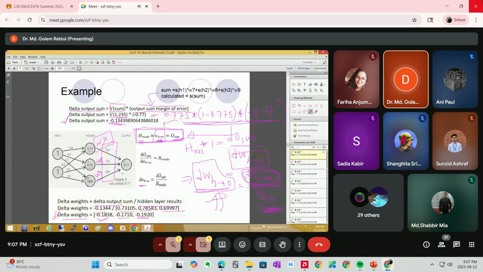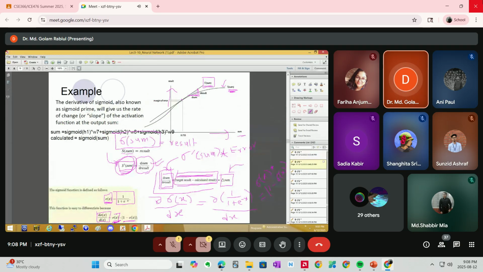In this layer we have already calculated the sum, and after taking the sigmoid of this sum, we got the calculated results. So that's why we have taken the derivative of the sigmoid of our output layer, and it will be the delta sum by delta results.